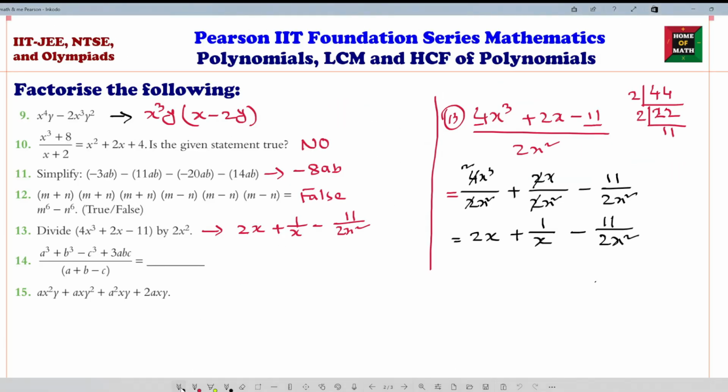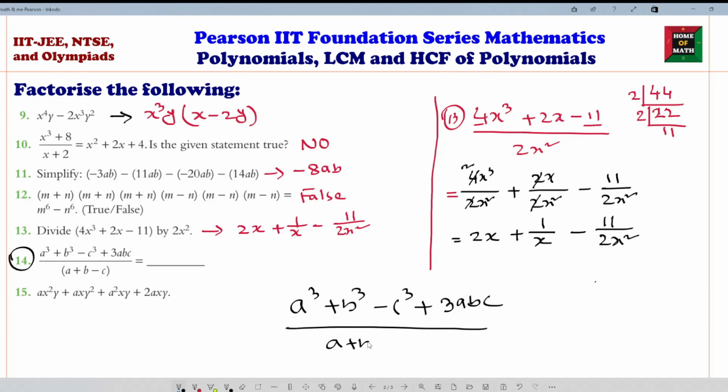Number 14. A cube plus b cube minus c cube plus 3abc divided by a plus b minus c.